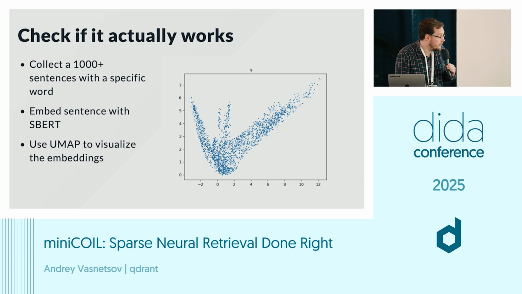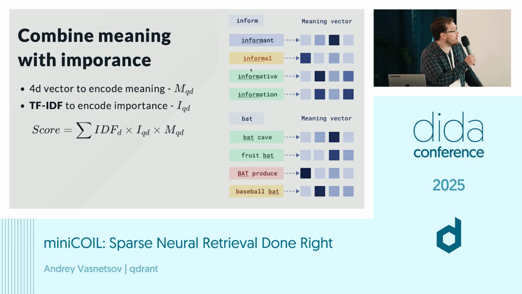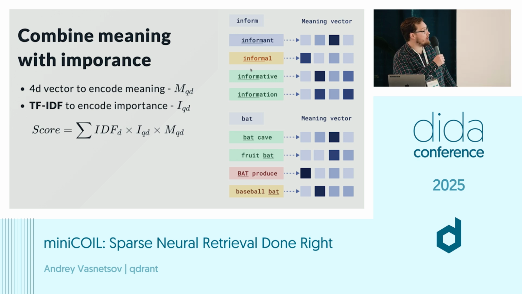The question is how. And this is basically our proposal here. So instead of using just a regular bag of words, we will generate small vectors. Each vector is meaningful within the context of a single word, right? So there is an example here.